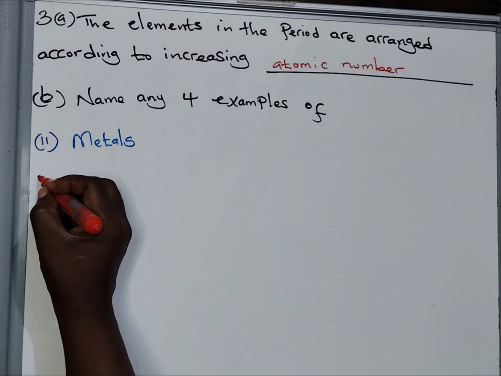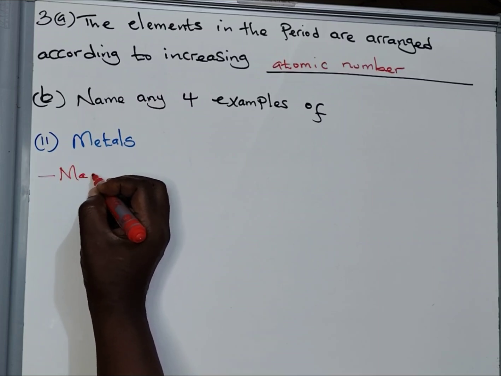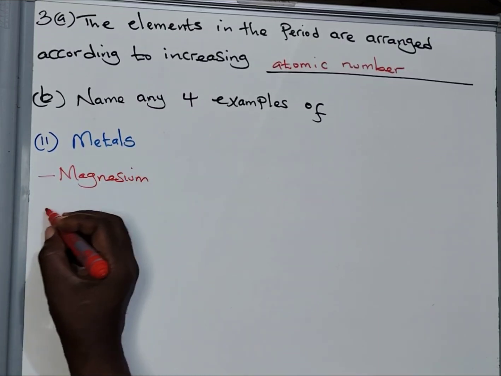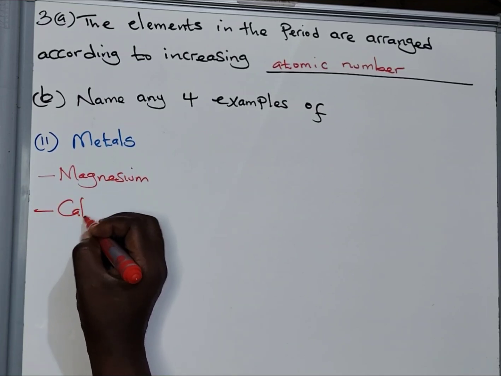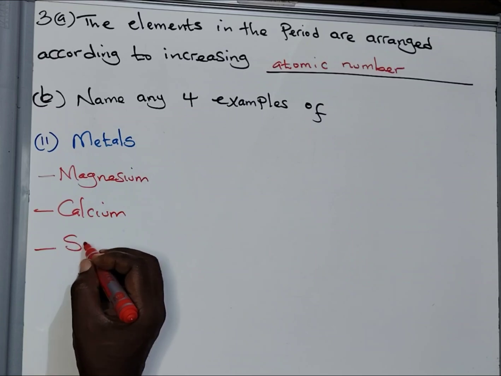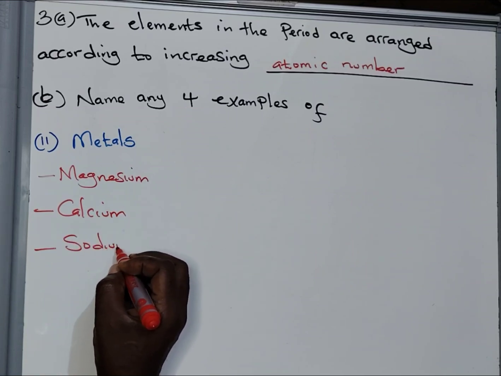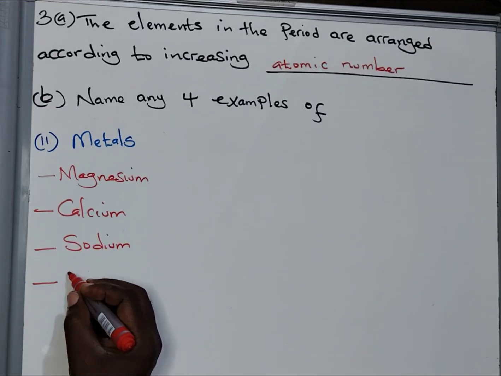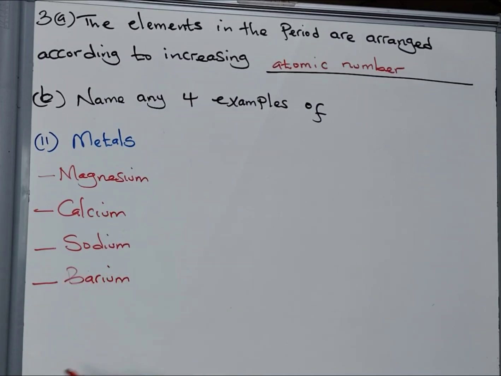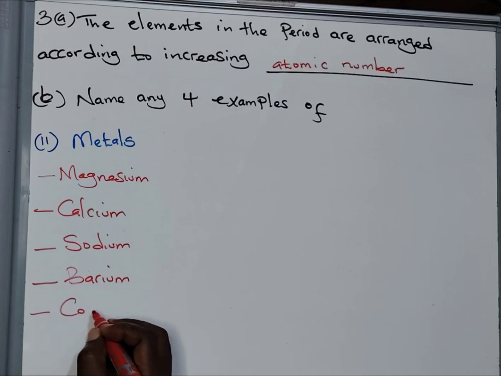The examples are magnesium, calcium, sodium, barium, and so many, plus transition metals like copper.